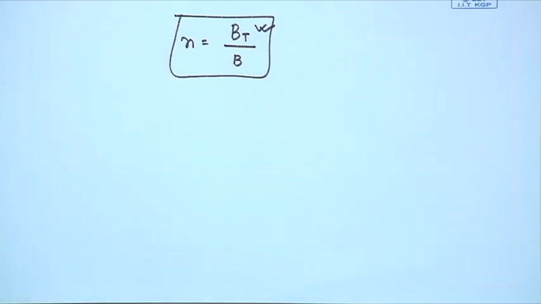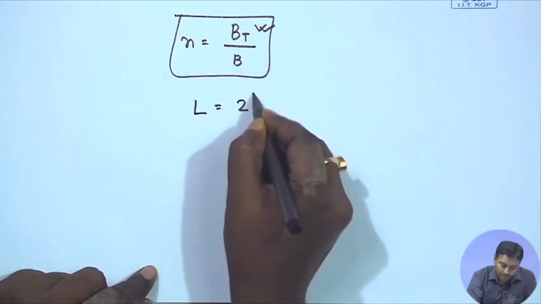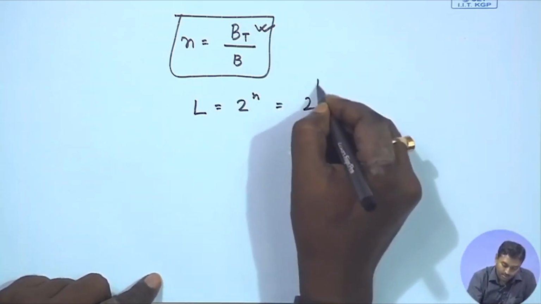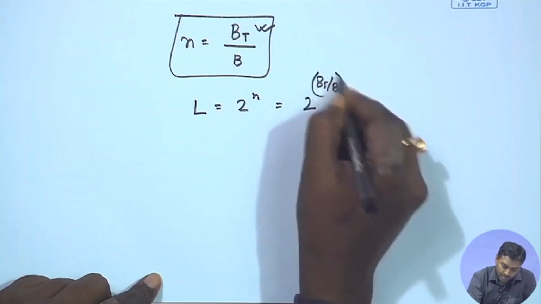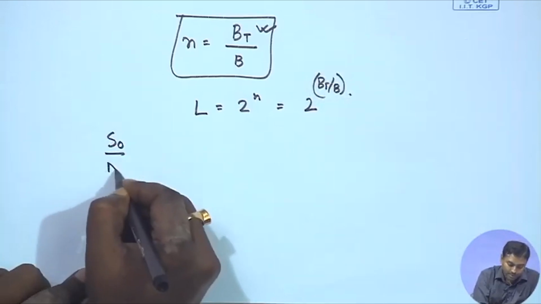Now, if I go back to the relationship between L and n, L is 2 to the power n, or I can write 2 to the power BT divided by B, this way. Okay. So, what happens to my signal to noise ratio?